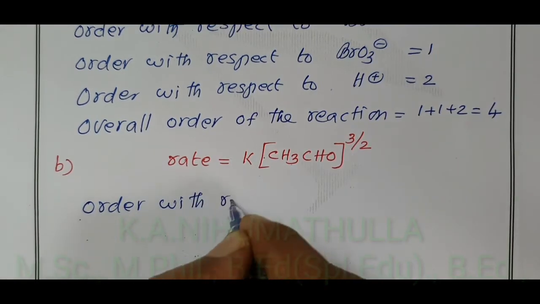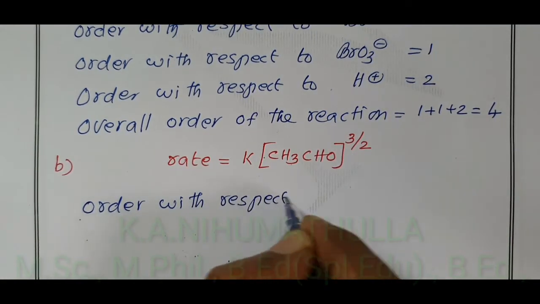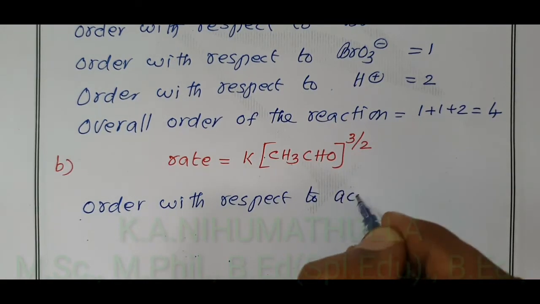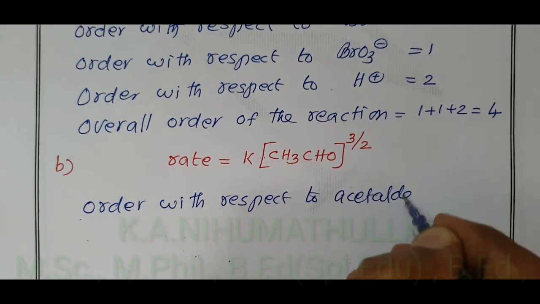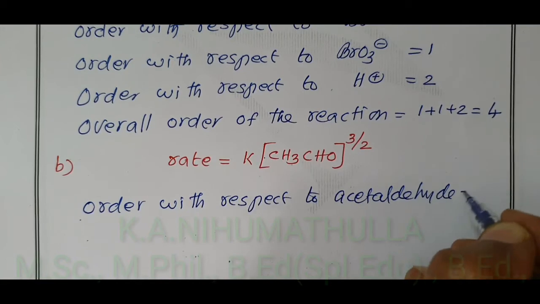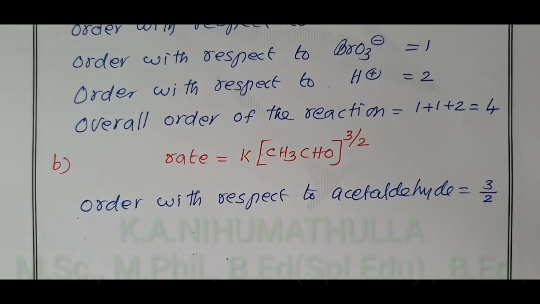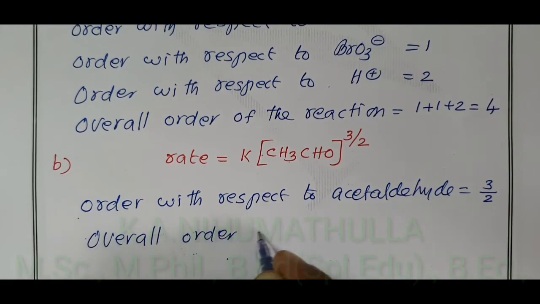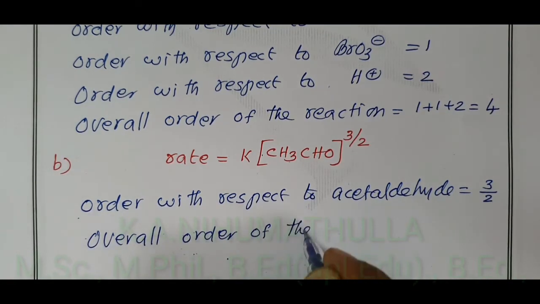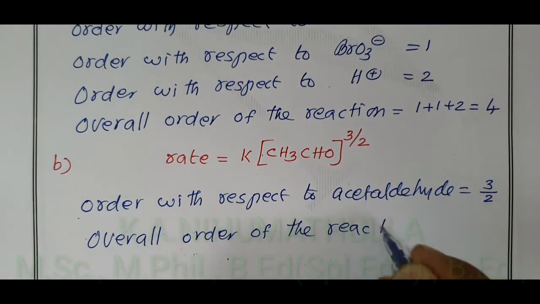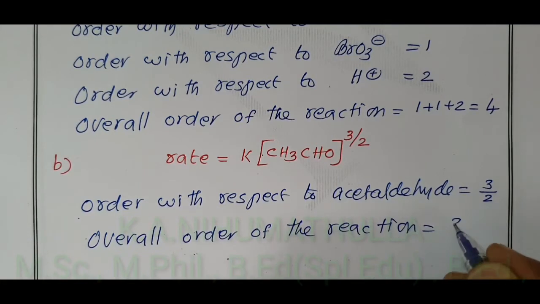We have only one reactant, acetaldehyde, CH3CHO, so the order is 3 by 2. Since we have only one reactant, the overall order of the reaction is the same, 3 by 2.